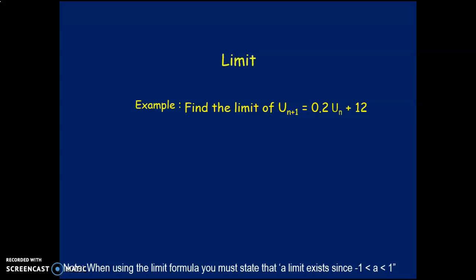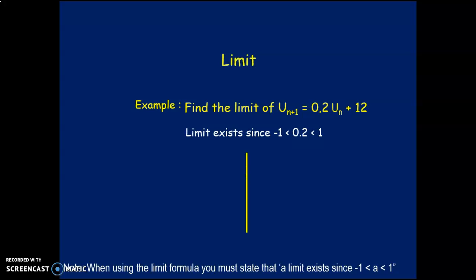So you need to state that as a fact. Is there a limit? Well, let's look at our a value. Our a value is 0.2. That is between -1 and 1. So a limit exists, since 0.2 is between -1 and 1.